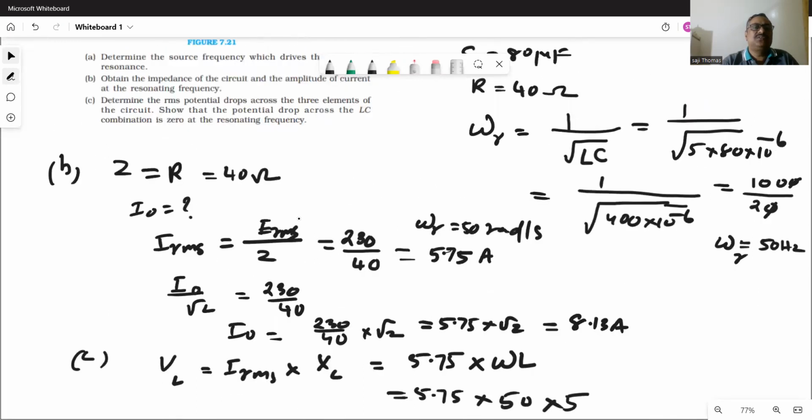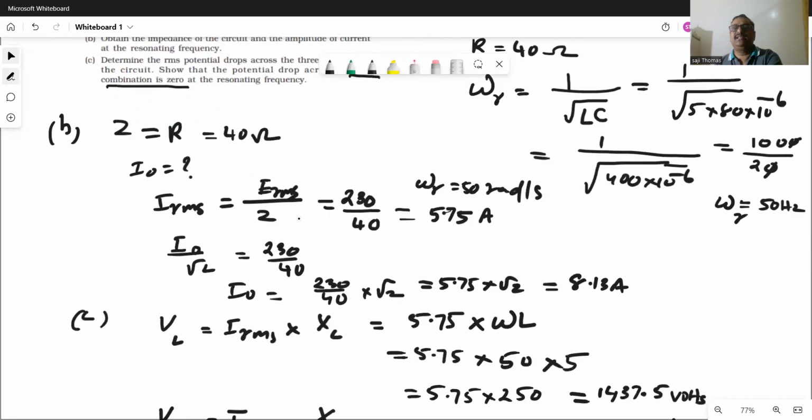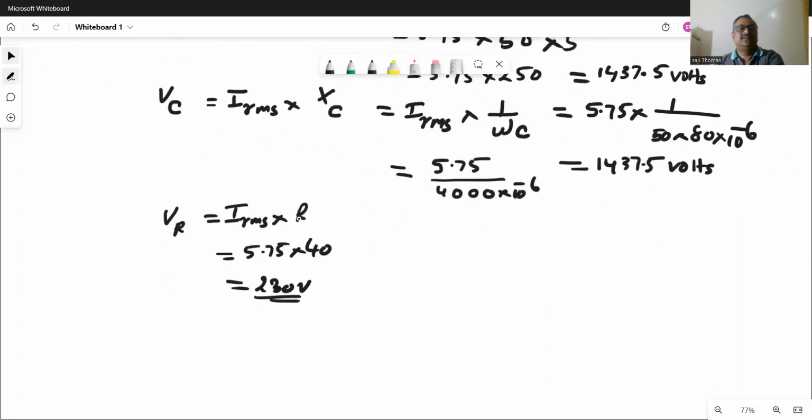Now there is one more question. Show that the potential drop across the LC combination is 0. So you find the potential drop across L and C. That will be VC plus VL.